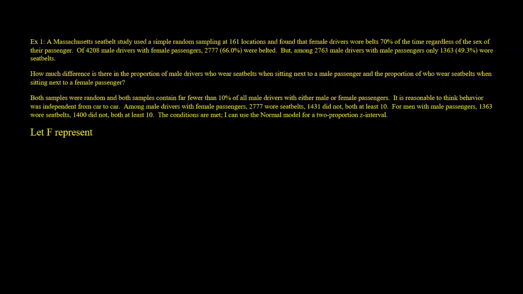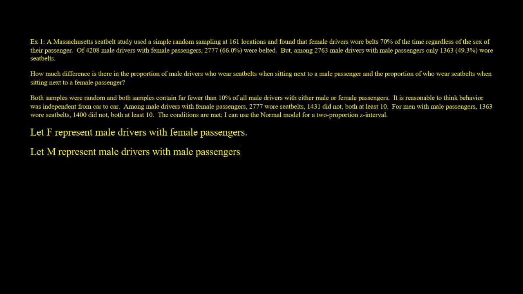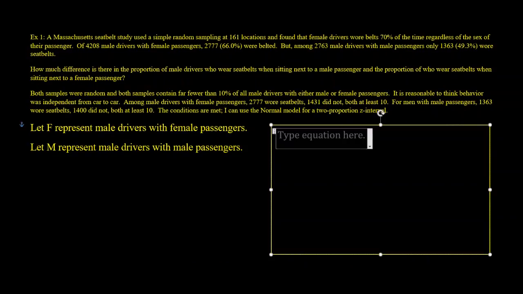Let F represent male drivers with female passengers, and let M represent the male drivers with male passengers. So you want to define the variables. F and M make sense in this context, so you'd probably be okay without, but get in the habit of always defining them. It will save you some trouble.